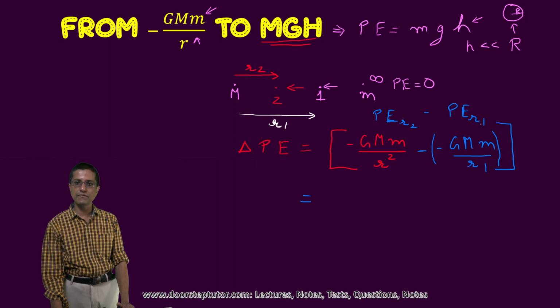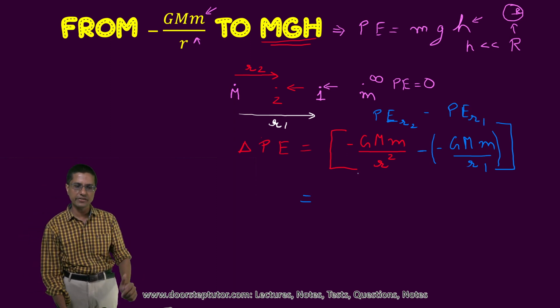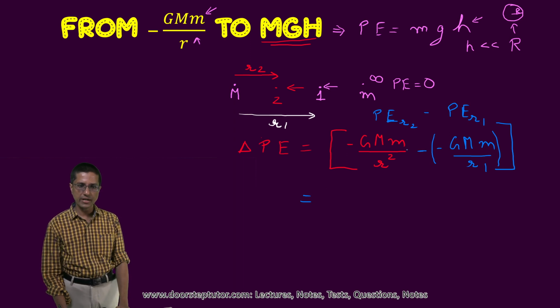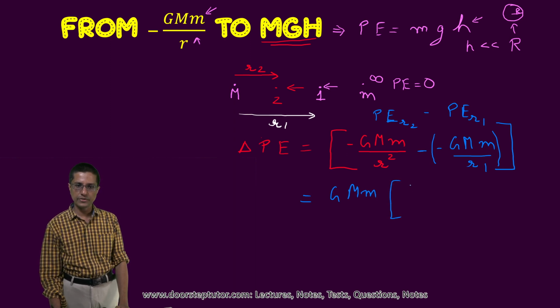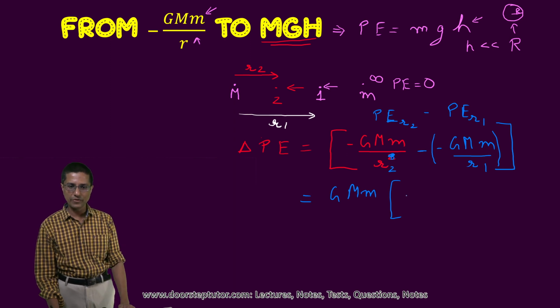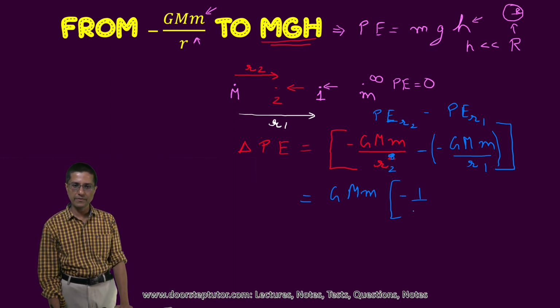So this is what we have computed, which will give us the difference, and that's what we are interested in. And this becomes, I'll take the GMm out, which is common, and this becomes, sorry, this is not r squared, this 2 should be here, sorry about that. So this becomes minus 1 by r2, and this minus will become plus 1 by r1.